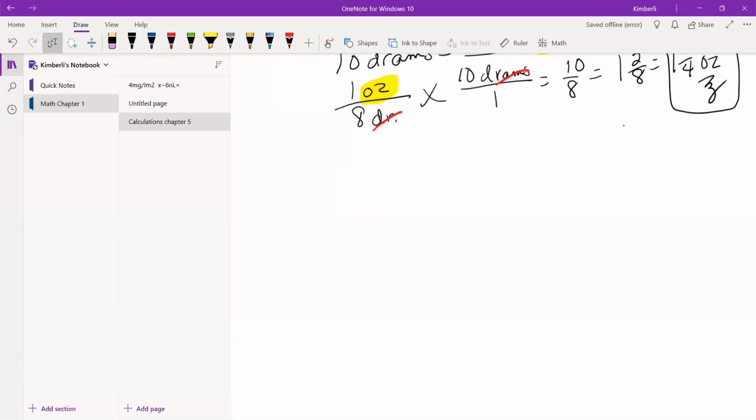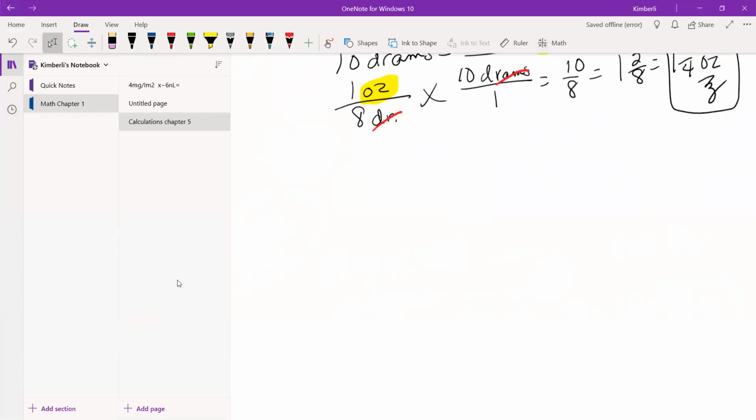Page 106 gives you a bunch of conversions between apothecary, metric, and household measurements. On page 106 at the bottom, you have a bunch of apothecary units on the left. In the middle, you have a bunch of household units, and on the right, you have all of the metric units. They can be quite confusing.